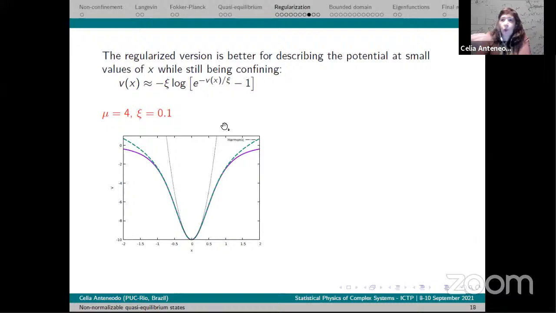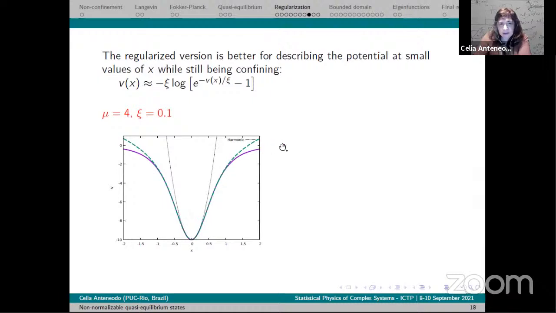Actually, the approximation one is making with this regularization can be seen by writing the approximated potential with this form, that is compared here in the graph.